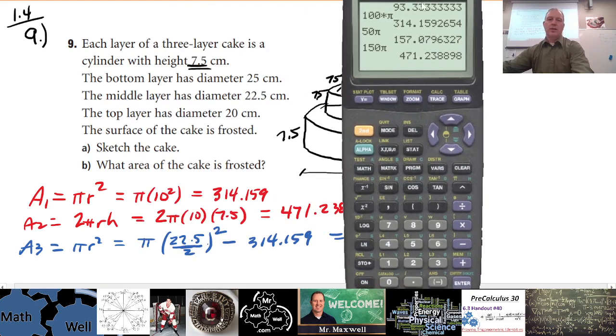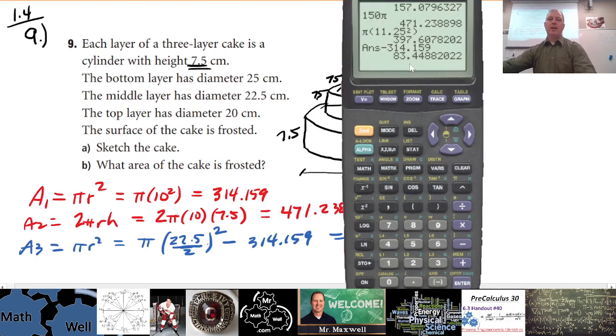But on my calculator, I'm going to do pi times half of 22.5, which is 11.25. We'll square that. I'll just hit equals because this is one complete thing itself, and then I'll take the answer minus 314.159.